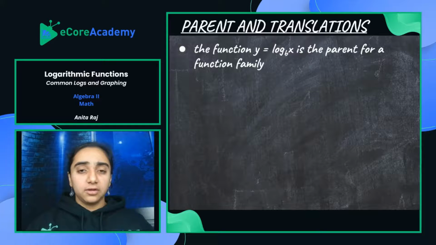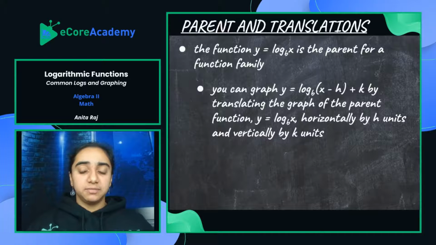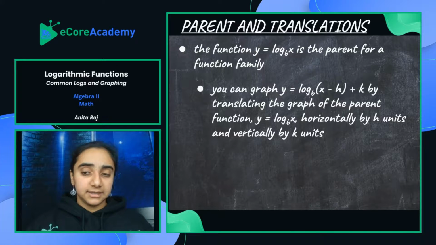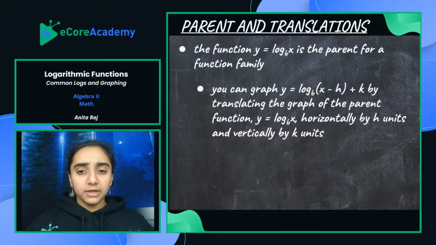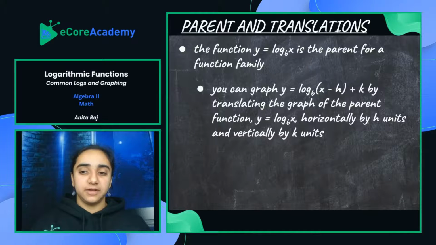The parent log function is pretty much denoted by y equals log base b of x, a parent for a function family, in this case the logarithmic function family. You can graph y equals log base b of (x minus h) plus k. This is the translation, so by adding the h and k into the formula, you're translating the graph of that parent function we're talking about, which is y equals log base b of x.